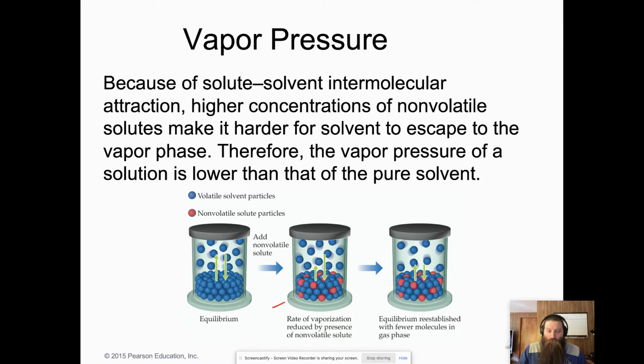When you put these little red spheres into our container, there are forces of attraction between the red and blue spheres, and they add an additional force that the vapor pressure would have to overcome for a molecule to go from the liquid phase to the gas phase. So as we add solute to our solvent, that is going to increase the amount of energy required to reach the gas phase. Thus, we will lower the vapor pressure in the solution compared to a pure solvent. So that's what's going on there. We have those additional forces of attraction.